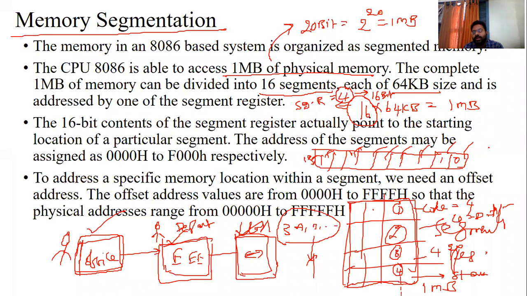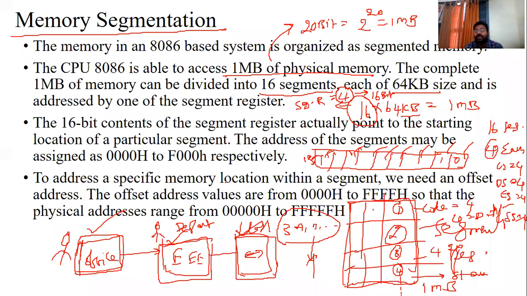So that's why we divide into 16 segments, 4 of each: code segments are 4, data segments are 4, extra segments are 4, stack segments are 4. Total entire memory is 1 MB, and each segment is 64 KB.